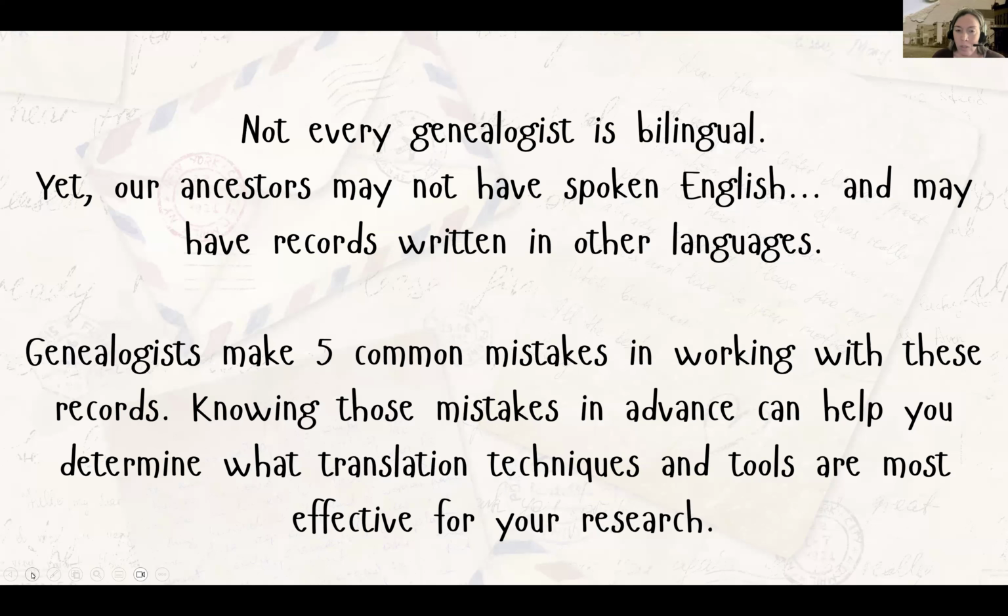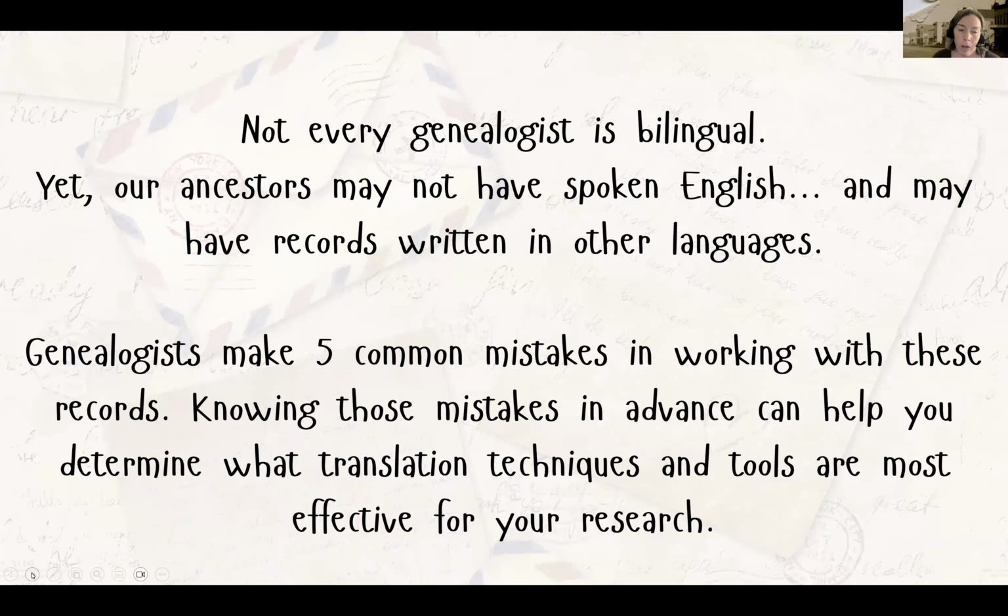Basic rule of thumb, what's the issue? Not every genealogist is bilingual, but our ancestors might have spoken English and 1, 2, or even 3 other languages. Their records might be in German, French, Italian, Spanish, Portuguese. What do we do when we need to read those records, but we only read English?